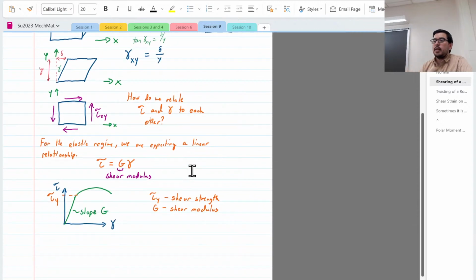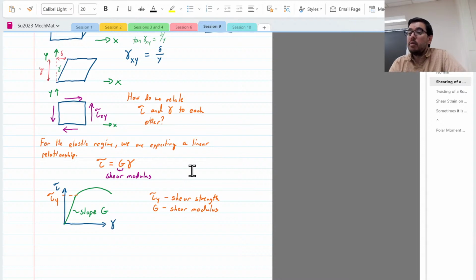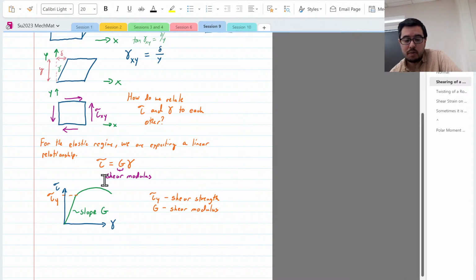For situations where you have an analog of axial loading, where we said sigma is equal to E epsilon, we can use a similar relationship where tau is equal to G times gamma.